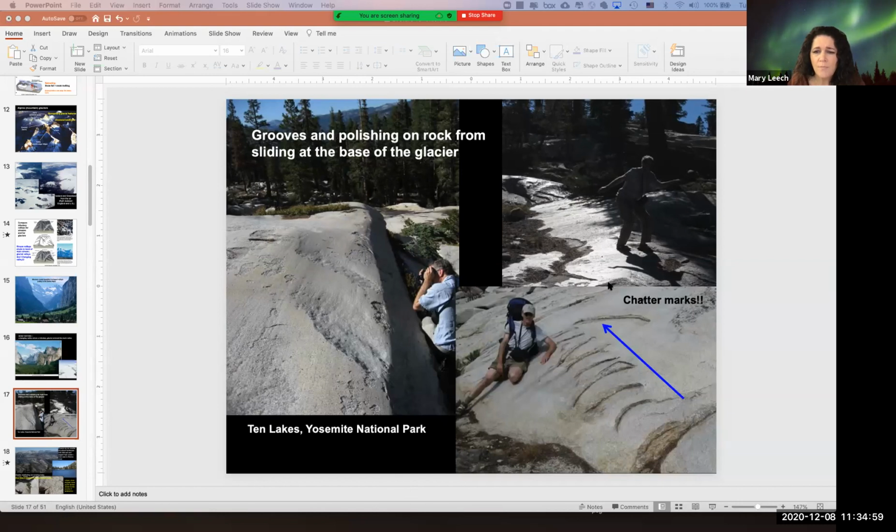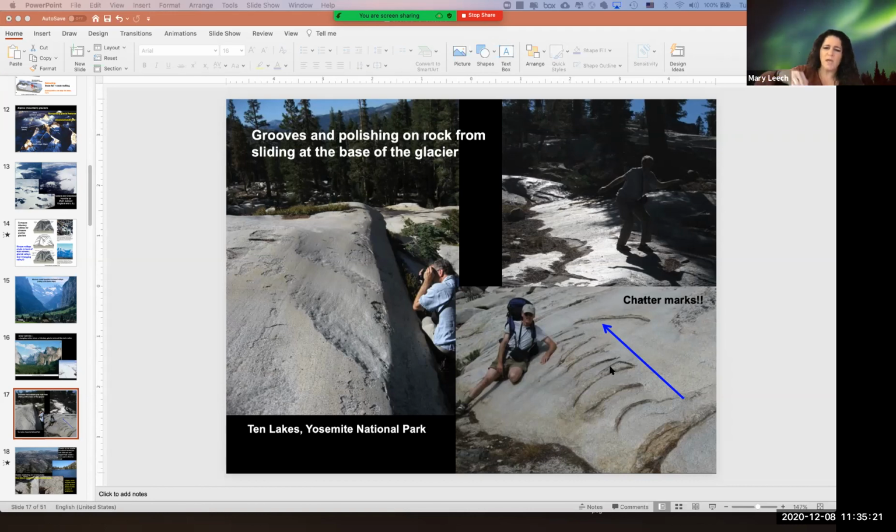This is called glacial polish. Glaciers can scrape so much that they can polish the rock underneath them, and you can catch the sun glinting off of these highly polished rocks. Or you might see chatter marks.